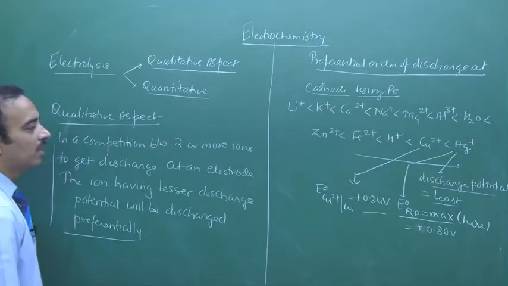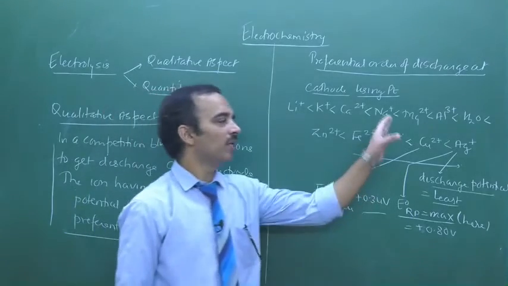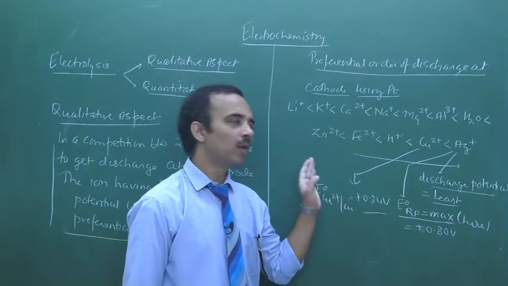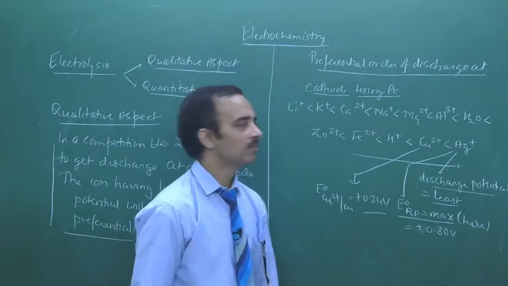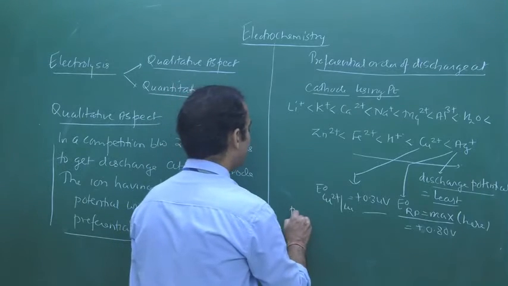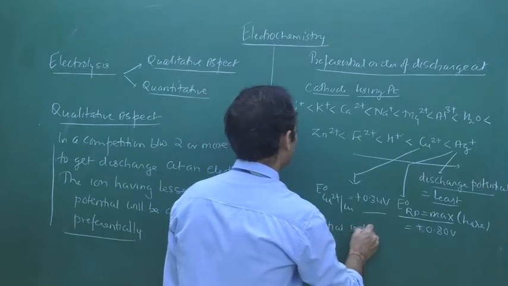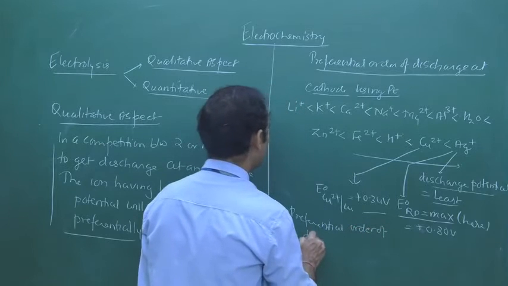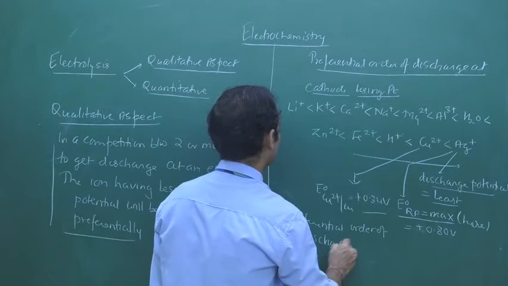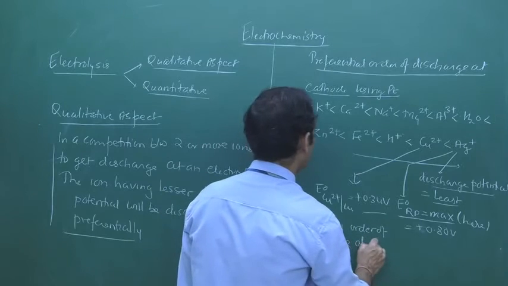Now this is the order. We have taken it from the electrochemical series. You have to learn this order. Now what is the preferential order of discharge at anode?